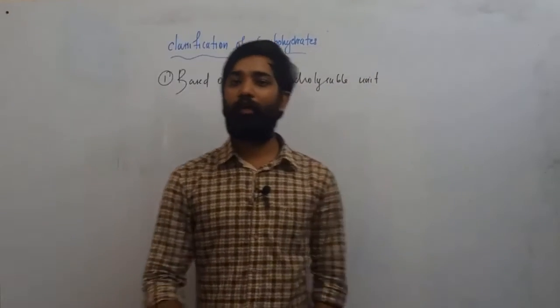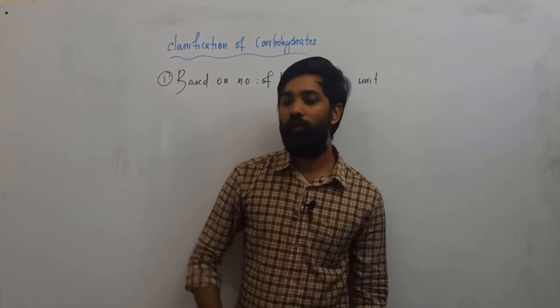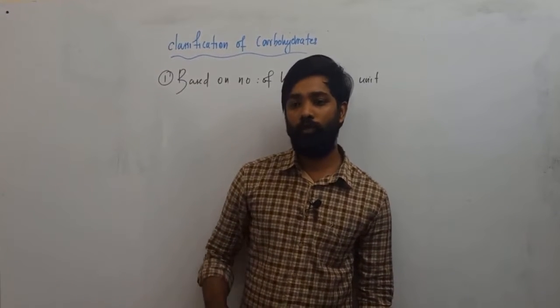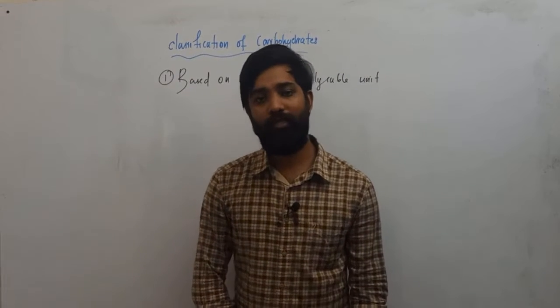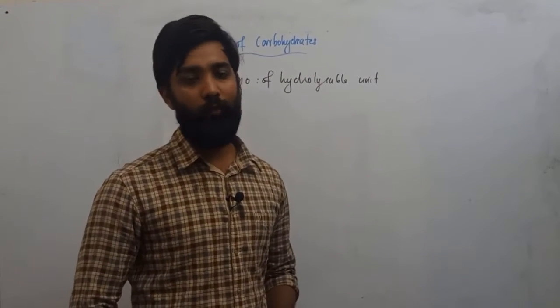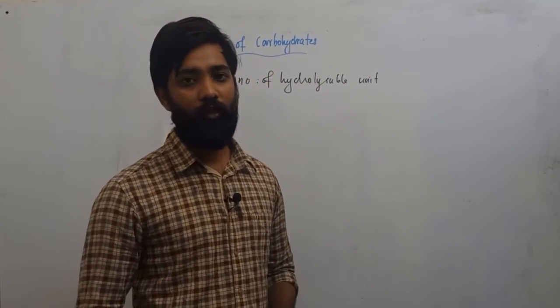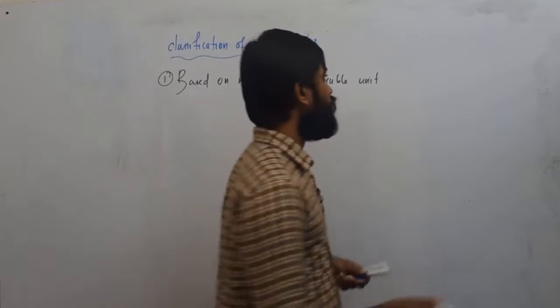If a carbohydrate can provide 2 hydrolyzable units, then it is said to be a disaccharide. If it can provide 3 units, then it is a trisaccharide, tetrasaccharide, like that. If your carbohydrate is not able to form any hydrolyzable unit, which means it is a simpler part, then it is said to be a monosaccharide.